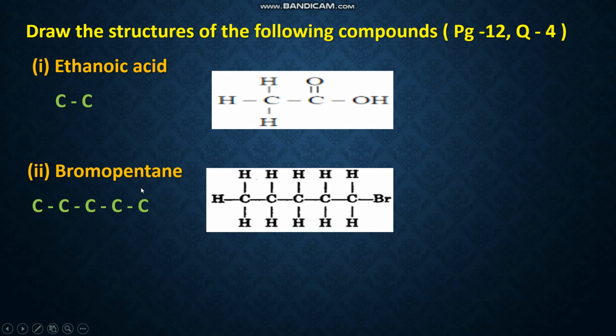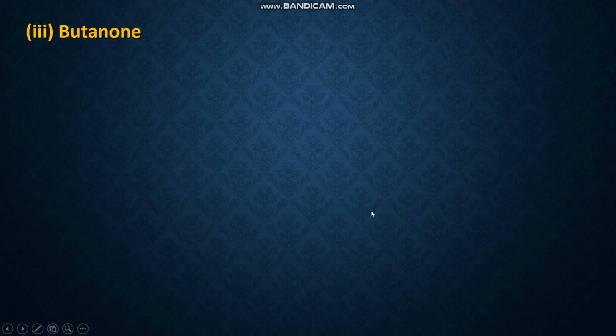Here in bromopentane, or chloropentane, there is no carbon in the functional group, so to this carbon you have to attach one bromine. Next example, butanone. Butanone means how many carbons will be present? There should be 4 carbon atoms, as the name butane denotes 4 carbon atoms. So draw one carbon chain having 4 carbon atoms.